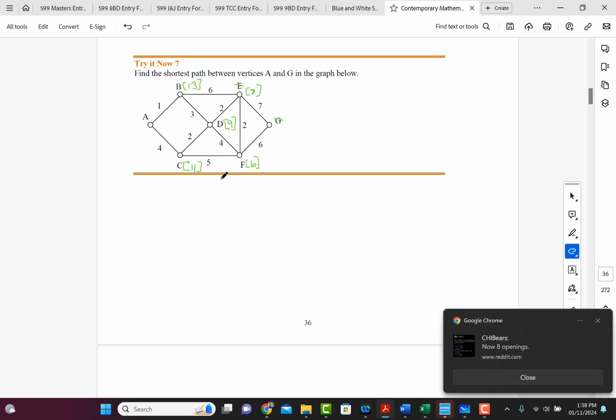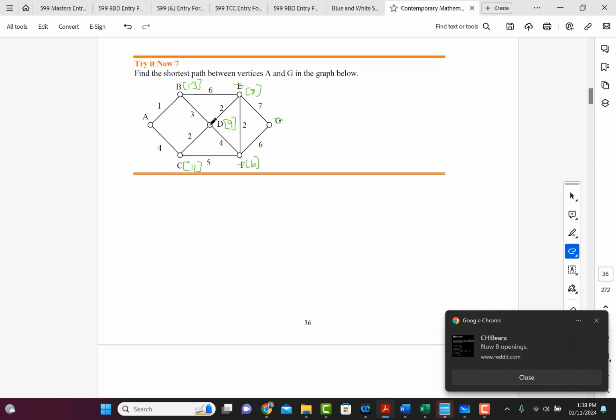Okay, now what do we do? Well, we mark F as visited, and now we take the smaller of the two. So 9 is the smallest. So D is going to be the current location.